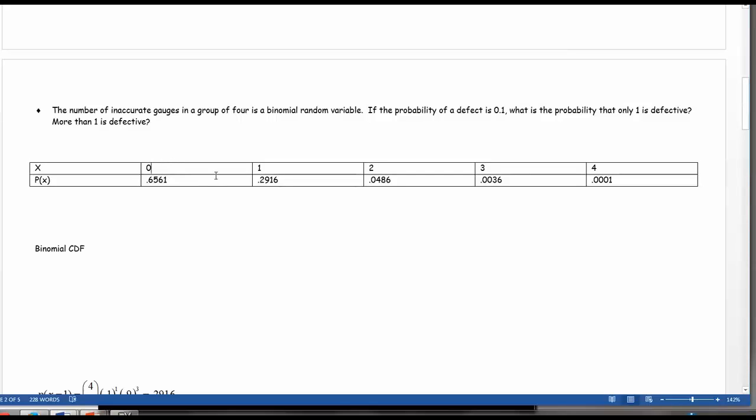When it said for more than 1, I took 0 and 1, added those numbers up, and then subtracted from 1. It doesn't give us the ability to add up 2, 3, and 4 with that one function. So we have to stop and translate the CDF function in terms of less than. We'll get some practice on that here in a moment.